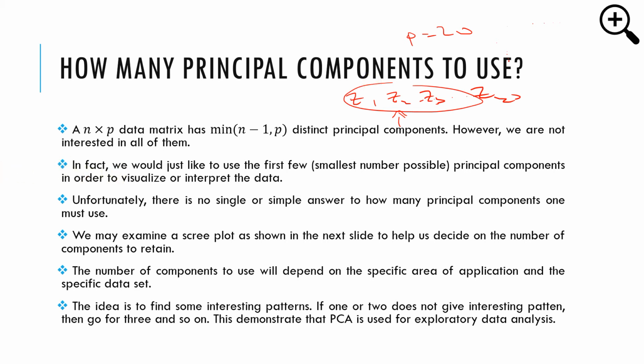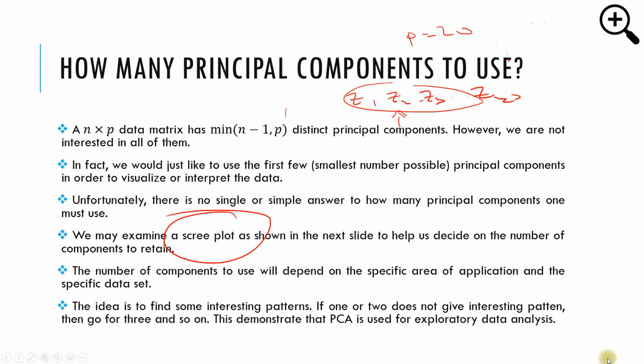One of them is the scree plot. You can do a scree plot to have an idea about how to decide on the number of components. What is this scree plot? It basically plots the proportion of variation in the data, and you just need to have a look at the elbow to determine that.